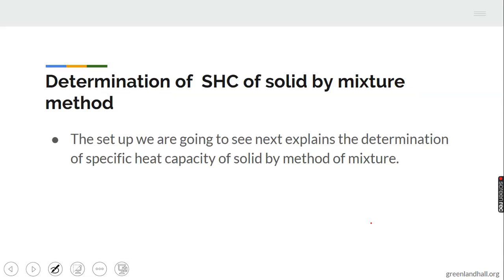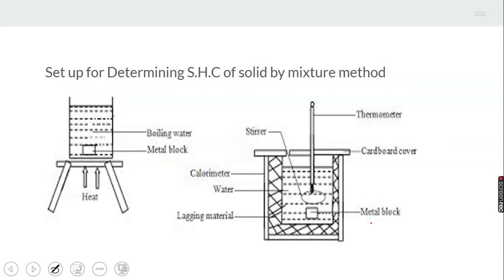The setup we're going to see next contains the whole process or experiment. Look at this. I will explain it from here so that as we read through the procedures, you will understand it better.